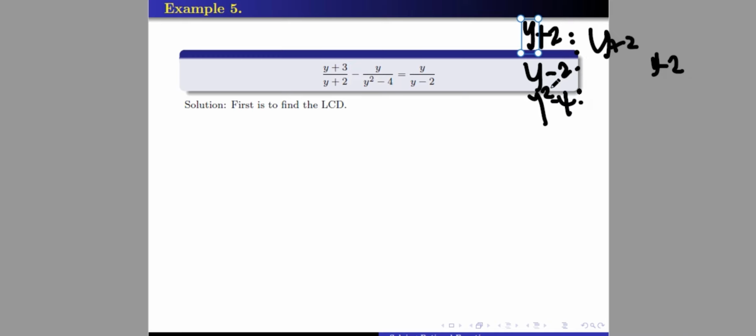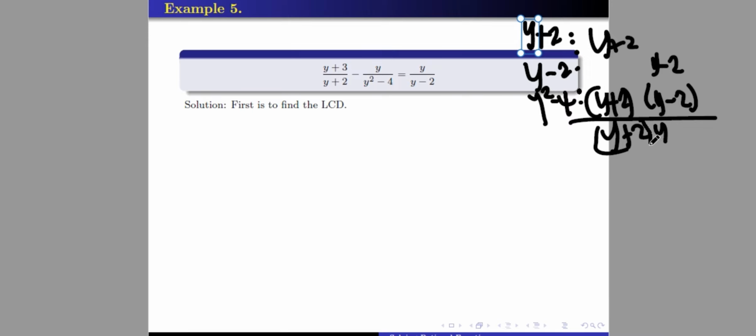And by the difference of two squares, this will become y plus 2 times y minus 2. So therefore our LCD is y plus 2 times y minus 2. Okay, so I hope you will review your factoring method.